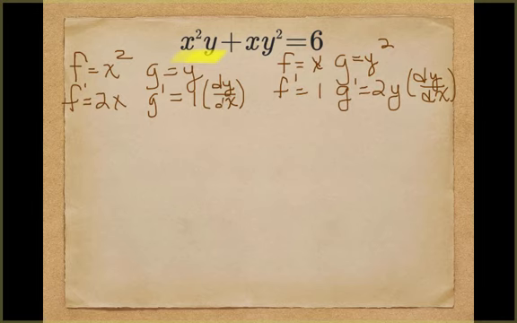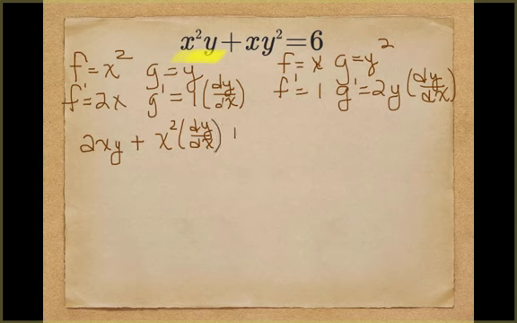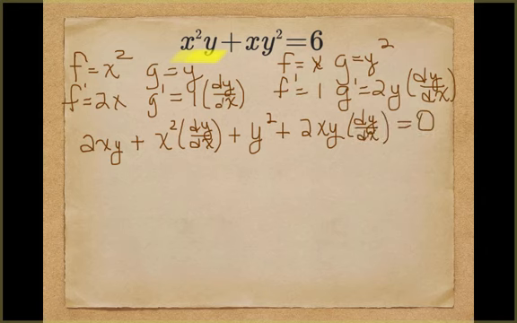The derivative of x squared times y is 2xy plus x squared dy dx, plus 1 times y squared, so it's y squared, plus 2xy dy dx, equals 0 because the derivative of 6 is 0.